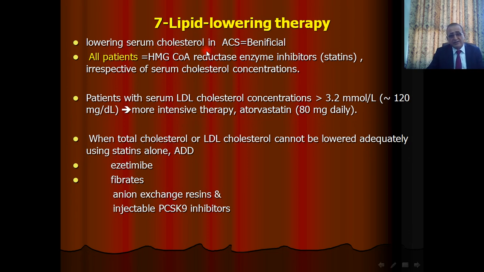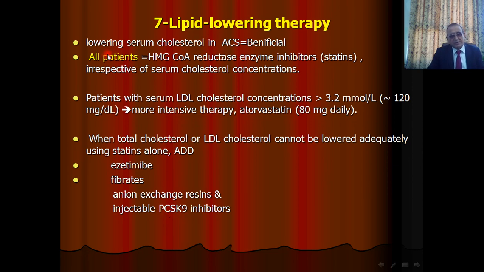If still higher, you might add another drug like ezetimibe, fibrate, anion exchange resin, and the injectable new drugs, PCSK9 inhibitors. So lipid lowering: statin, normal dose, high dose when LDL is high, and sometimes another drug.